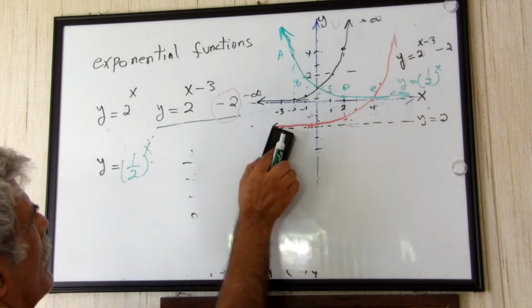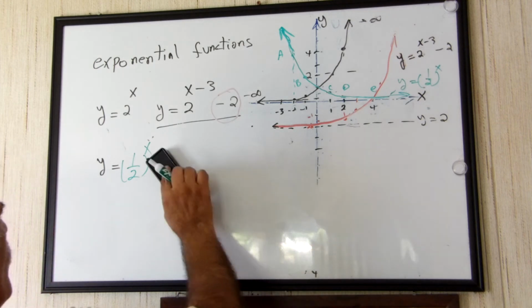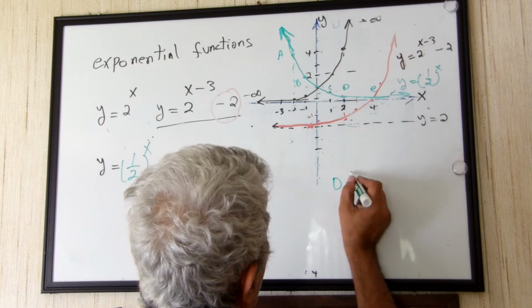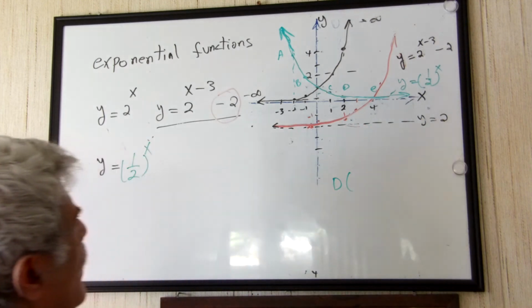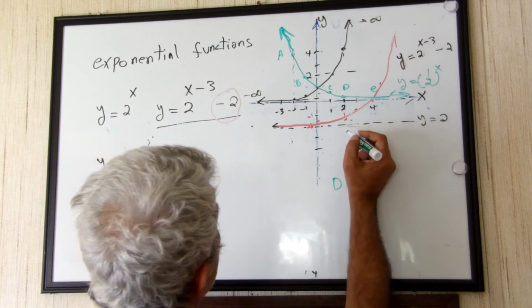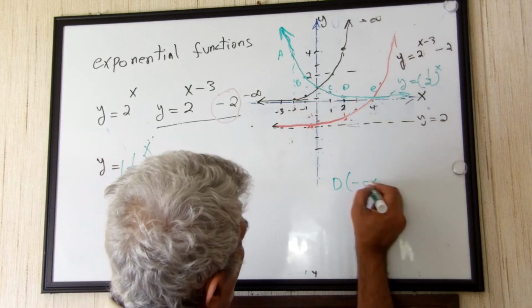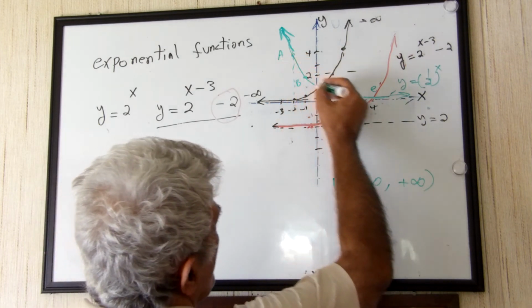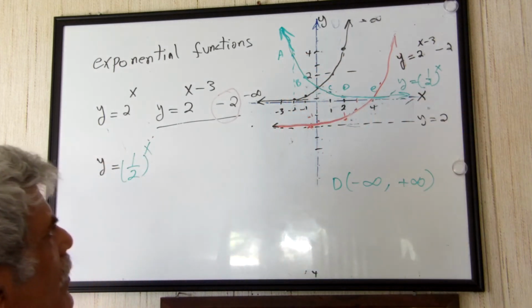Okay, now what is the domain of this one? It starts from the lowest point, minus infinity, and goes to plus infinity. We can give any value.